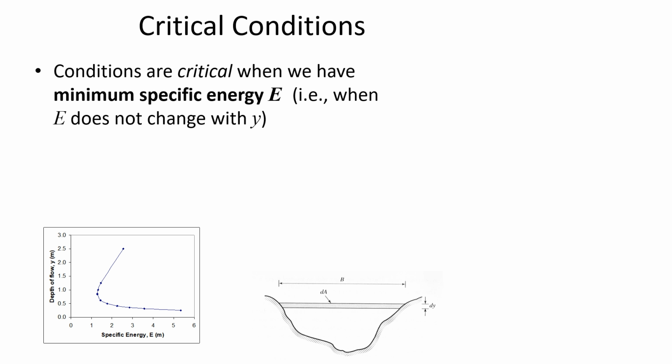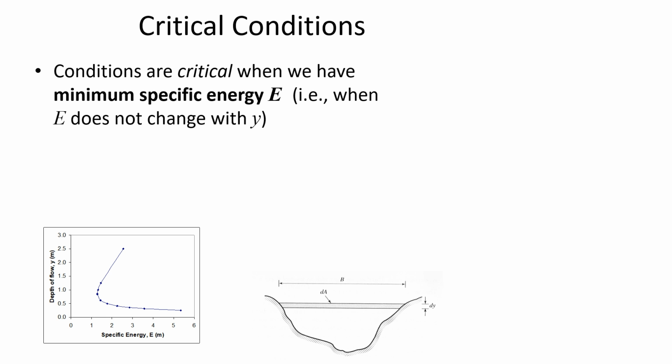All right. So let's talk about specific energy and get back into the mindset of water flowing through open channels. So remember that a specific energy diagram like this has on the horizontal axis specific energy, which is depth plus velocity head. That's specific energy.